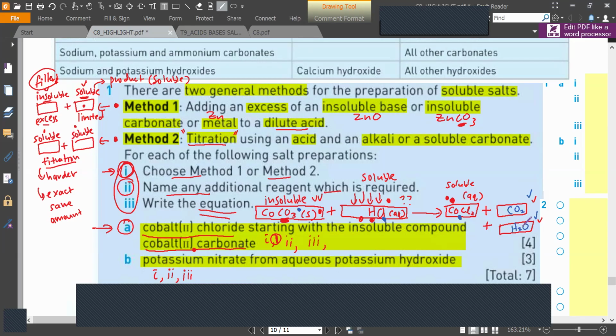Now, how many moles? Cobalt carbonate, how many moles? The reactant cobalt carbonate, how many moles?